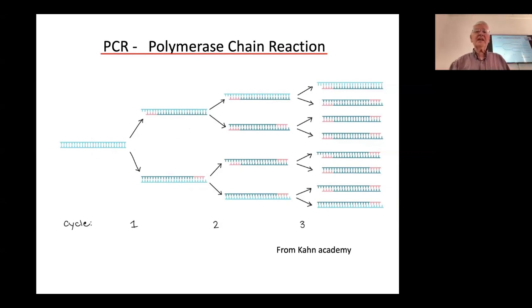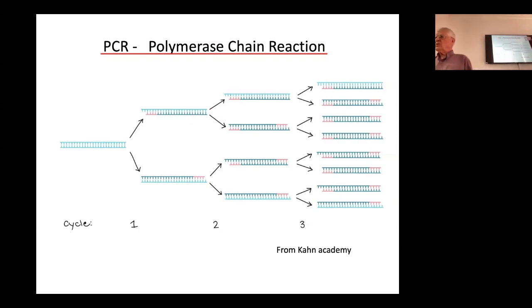Then you just do that again. You heat it up, the strands come apart, the primers will bind to the single strands. You cool it down, so now the enzyme will work, and you repeat that cycle. And the way this really works is amazing.